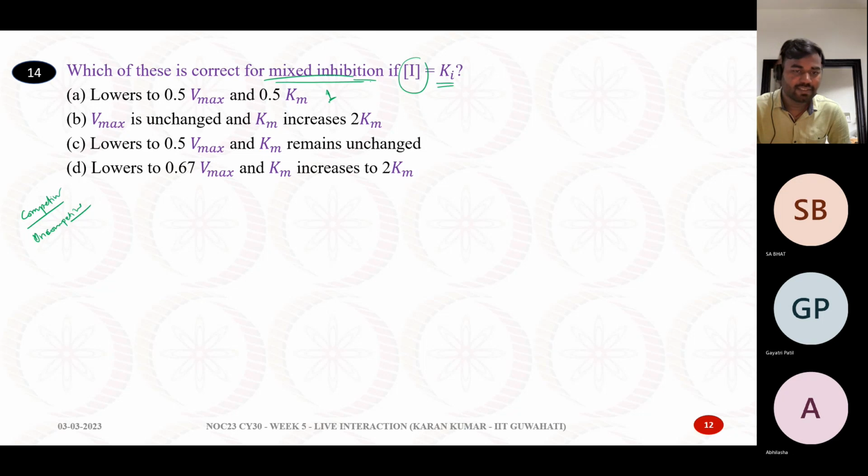Why do you think so? Vmax will lower. I didn't calculate the Vmax value, but I think the Km value will be 2 Km here as well. Yes, very good.